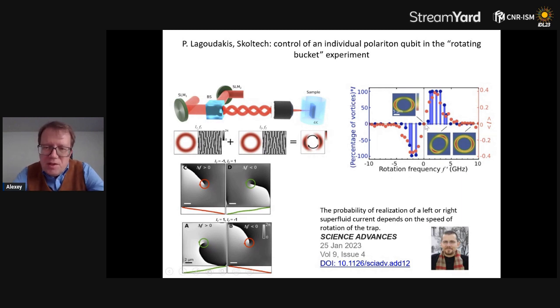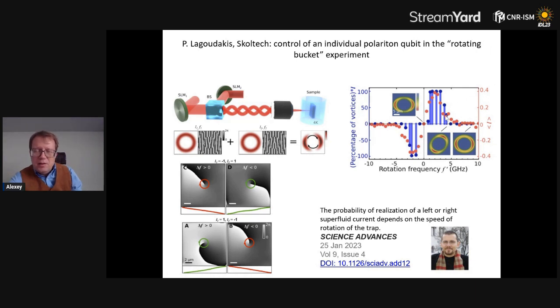And this group observed that the probability of generation of clockwise and anti-clockwise superfluid currents is exactly the same if the trap does not rotate, so 50-50. But if it rotates, then preferentially you start generating the currents that propagate in the direction of rotation.